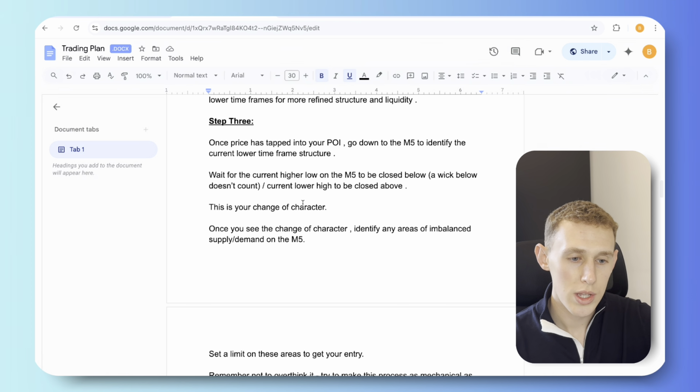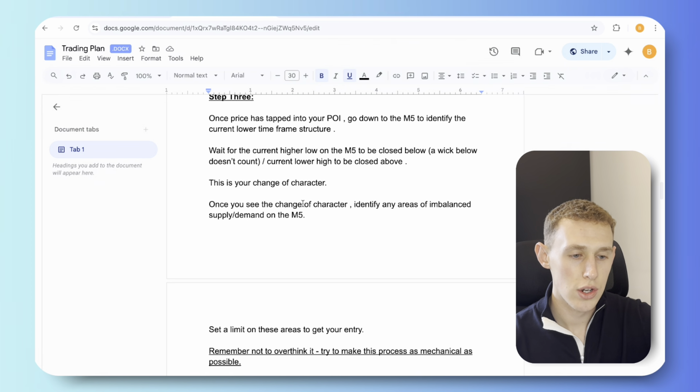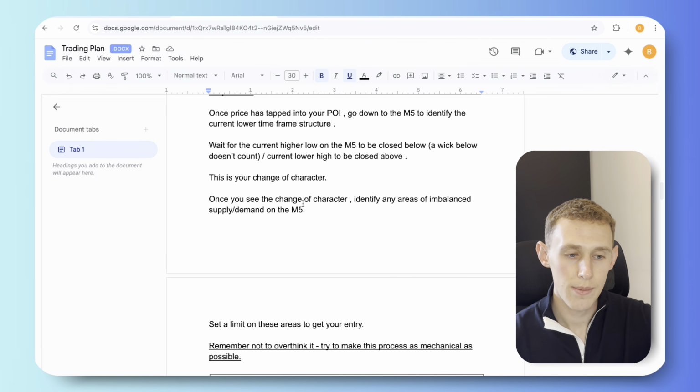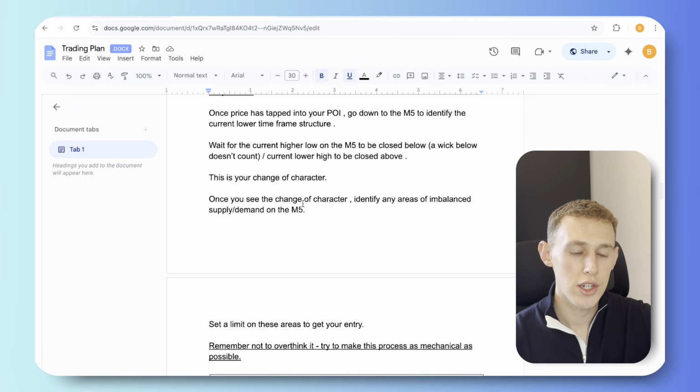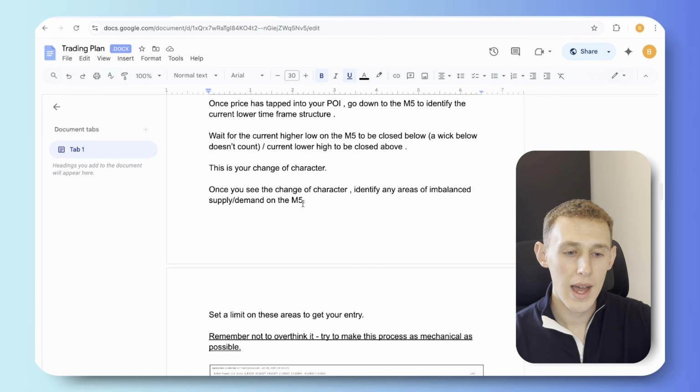Step 3. Once price comes into that POI, we need some extra confirmation that this area is going to hold, and this is where we go down to the lower time frames to identify lower time frame structure. So let's imagine that price comes into that hourly level of demand. On the M5, what we're waiting for is for the structure to shift back in line with that higher time frame.